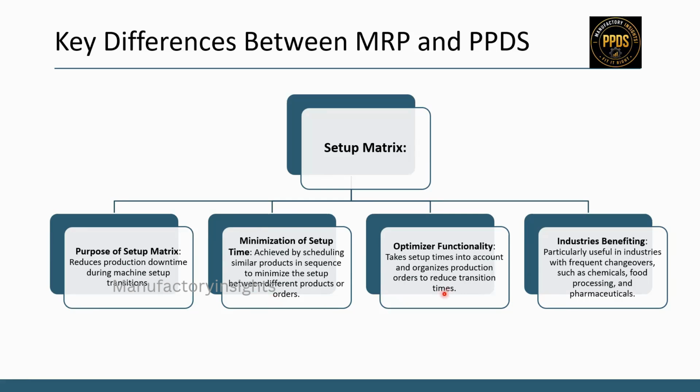When the optimizer runs, it takes setup times into account and schedules orders accordingly, grouping similar production orders to reduce transition times. This is particularly beneficial in industries like chemicals, food processing, and pharmaceutical, where frequent changes are common.